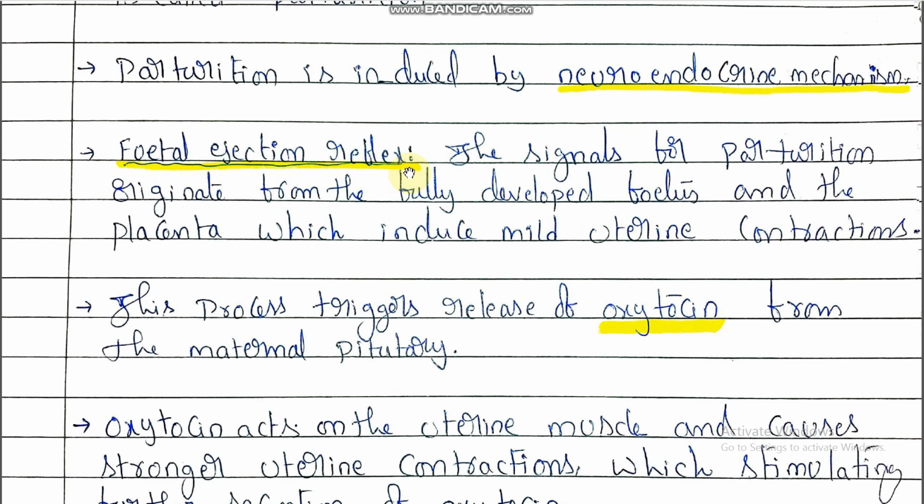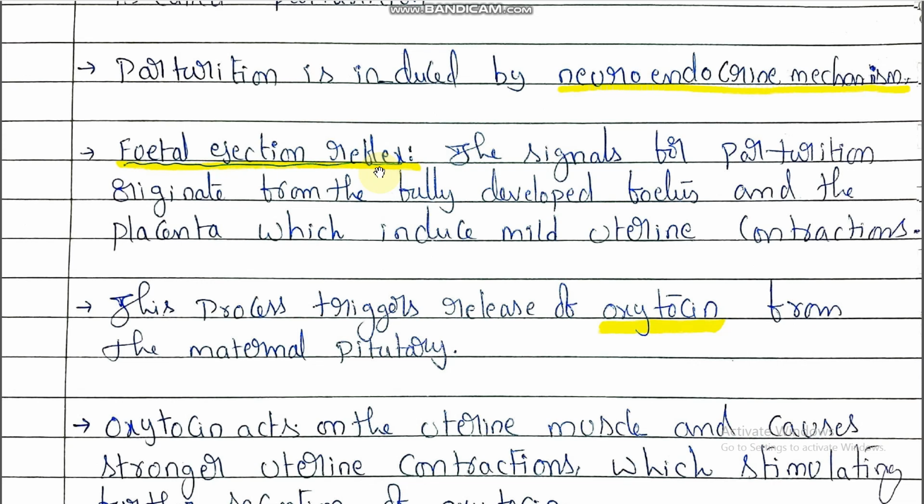What is the definition of the fetal ejection reflex? The signals for parturition originate from the fully developed fetus and the placenta, which induce mild uterine contractions. The process is called the fetal ejection reflex.